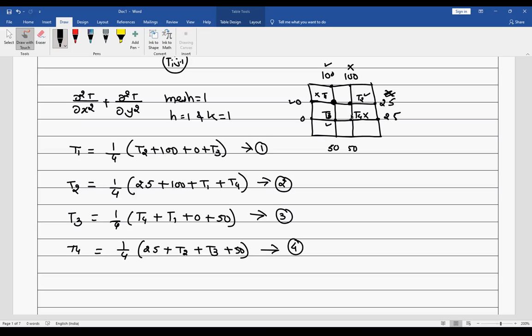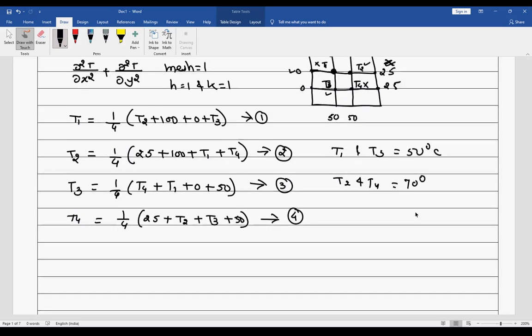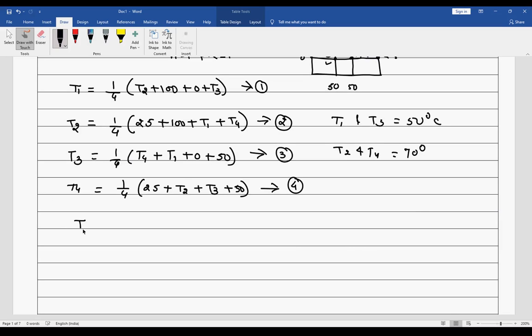Depending upon your assumptions, the number of iterations is going to vary. So let's assume T1 and T3 to be 50 degrees Celsius, and T2 and T4 to be 70 degrees Celsius. Now let's try T1, T2, T3 and T4. Put in T2 and T3 with the values we have assumed: T3 is 50 and T2 is 70, and let me know the value of T1.